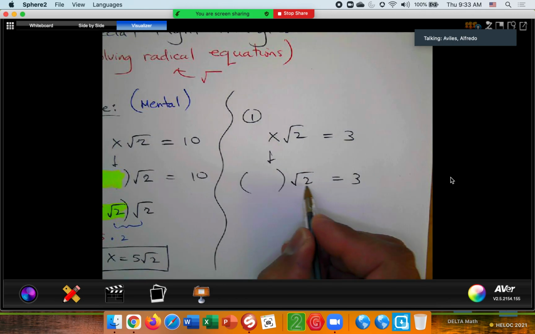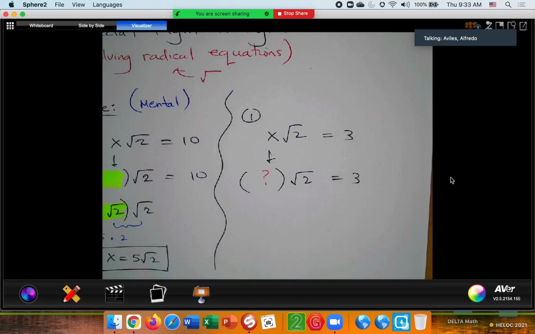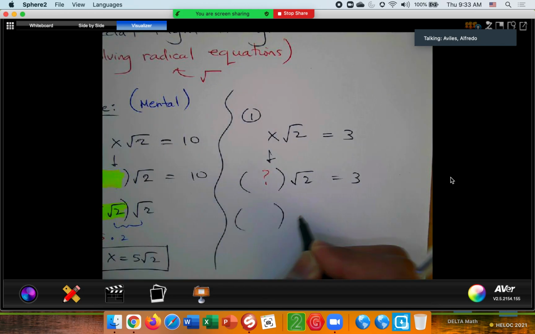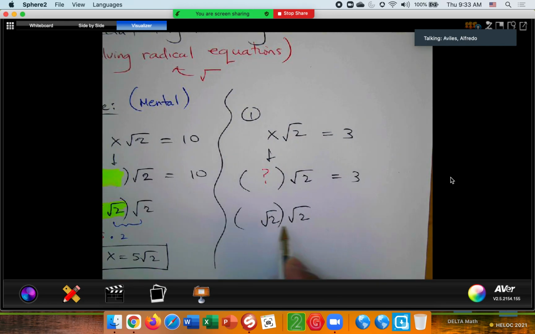I'm trying to figure out what goes there. What times root 2 gives me 3? Well, no matter what's over here, I always have to complete this number. I always have to get a 2, right? I need to make this a whole number.